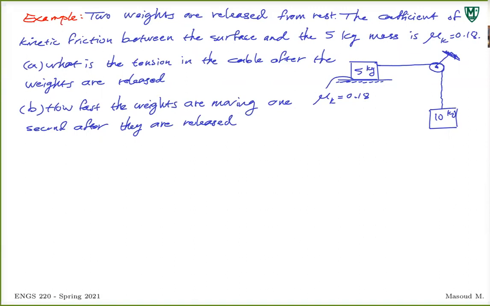So let's start with what we know, right? The first part is asking, what is the tension in the cable? Again, it's a cable, so tension is the same throughout the cable. Now, to get the tension, obviously, the only tools we have, and hopefully by this point we know what we're doing in this section, is that you find the object, you find the part that you want to draw the free body diagram for, isolate that, and come up with the free body diagram with all the forces.